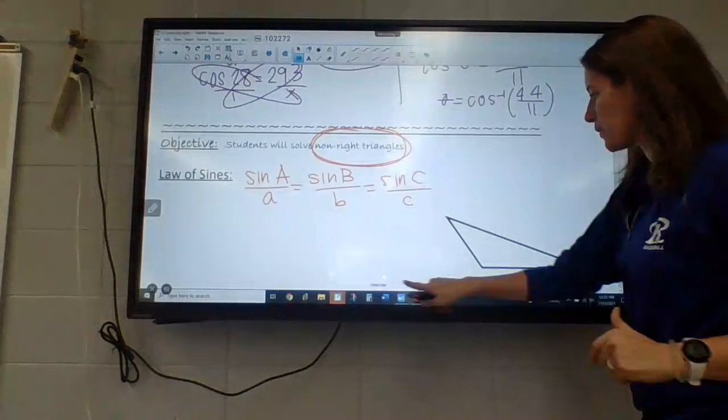Then I'm going to choose one of my other sides to go for. I don't know, A. So sine of 118 goes with which one? A. So little a goes with sine of 118. So this allows me to solve this problem, and this is just a proportion, so this shouldn't be something that's totally Greek to you. Obviously the sines make it a little tougher, but hopefully not too bad.